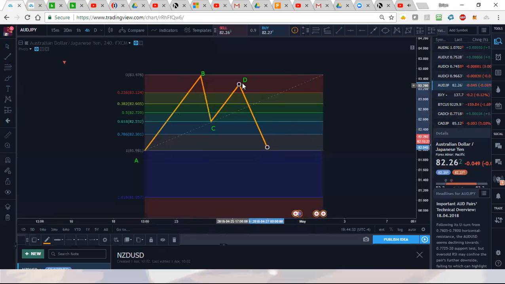And so once we do have that Gartley pattern, this whole lettering will change.